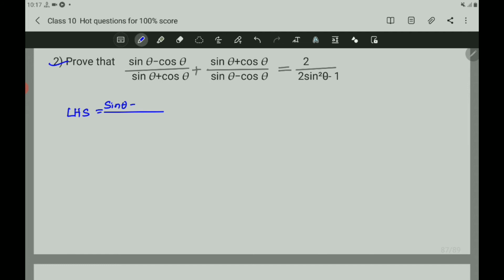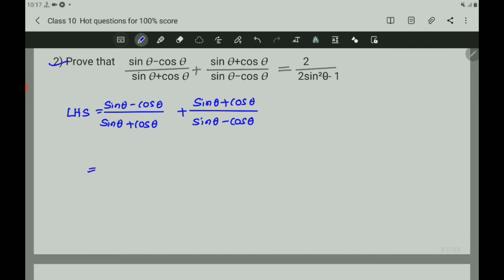sin theta minus cos theta divided by sin theta plus cos theta, plus sin theta plus cos theta divided by sin theta minus cos theta.